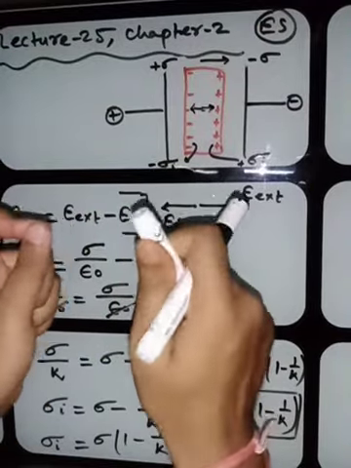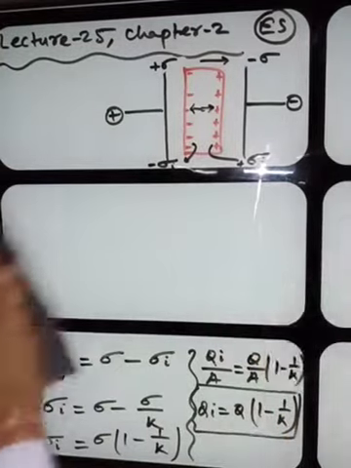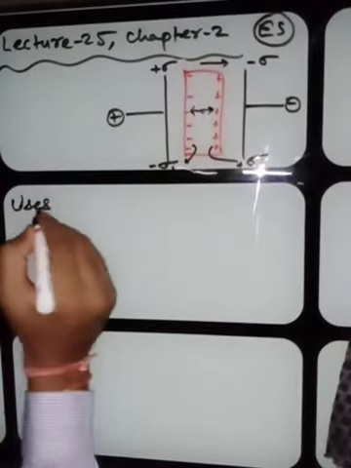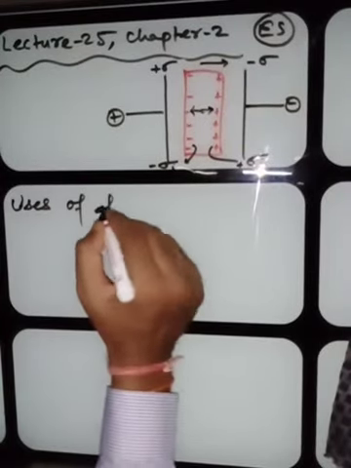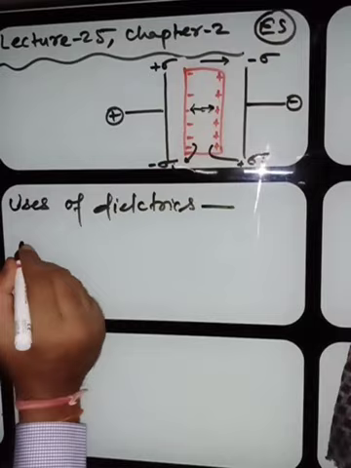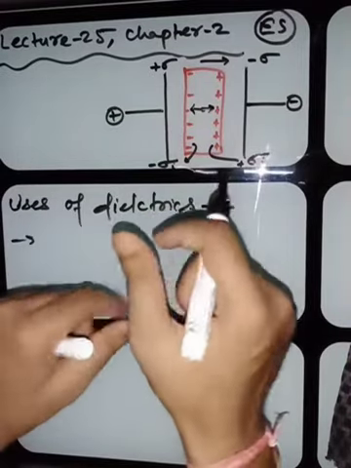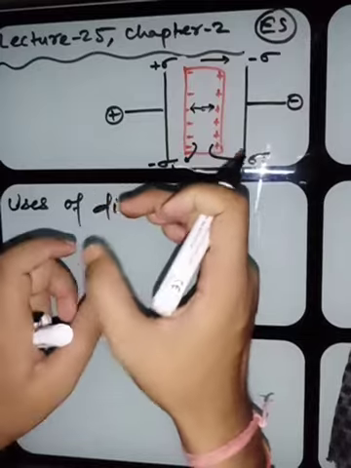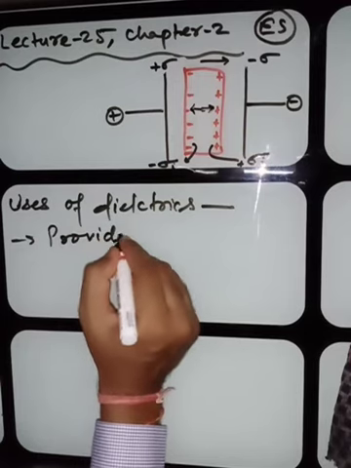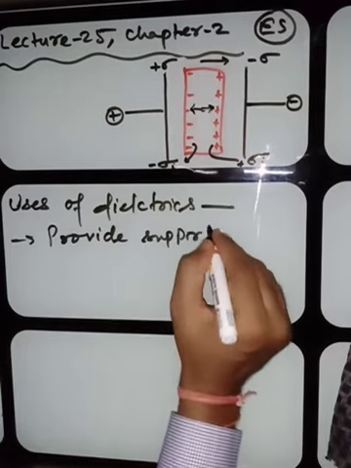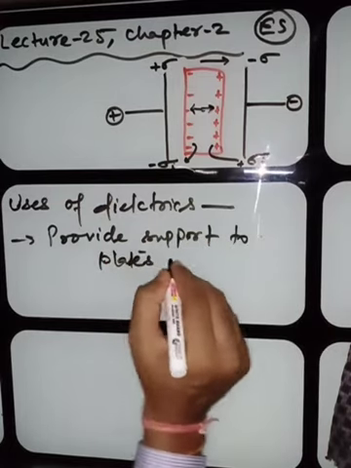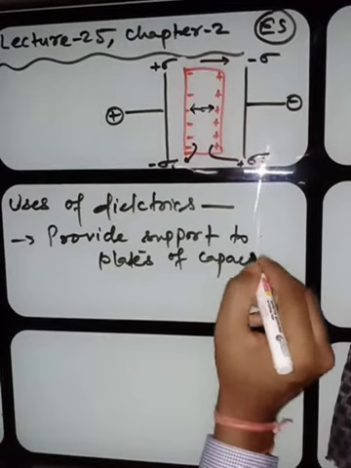The first use of dielectric, remember, is that it provides support to the plates of the capacitor.